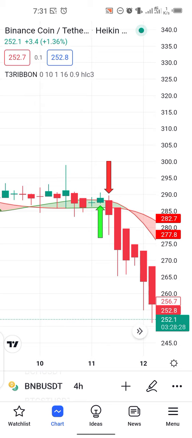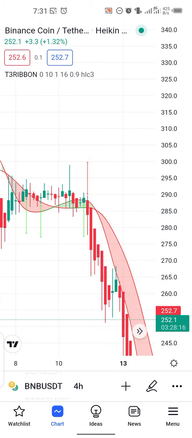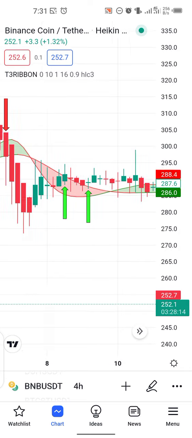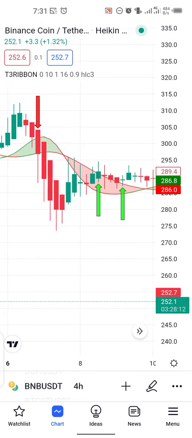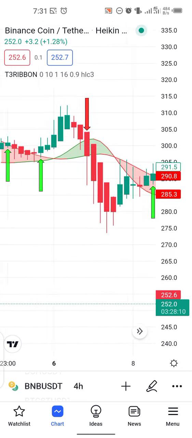But then immediately there is a red arrow. It means the market has changed. That's why I say you need not only the indicator, you also need to understand the candles themselves before you take a decision.